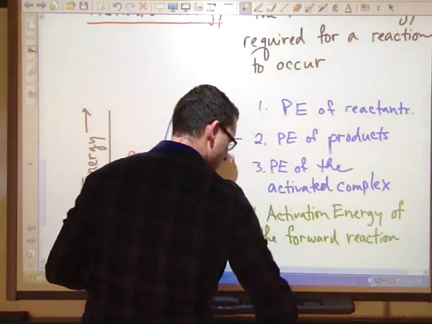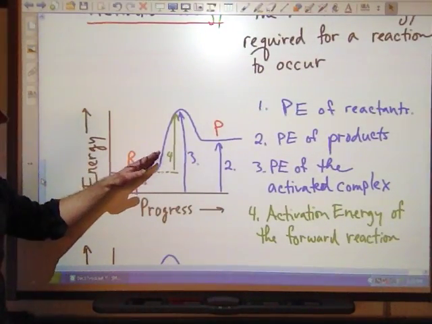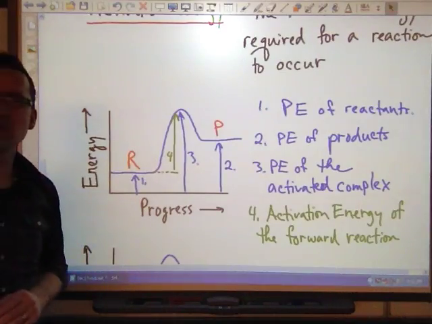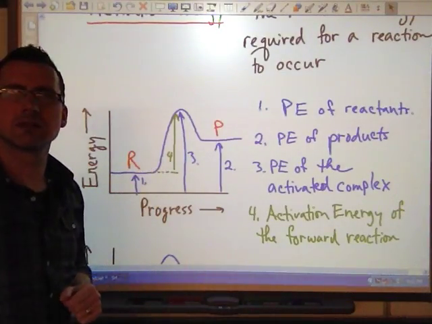So that is that minimum amount of energy that the reactants need to have in order to form the activated complex. And in this reaction, you can see it's a fairly large amount.